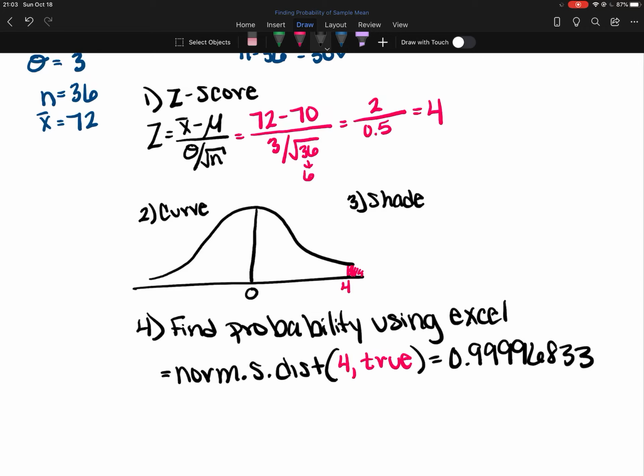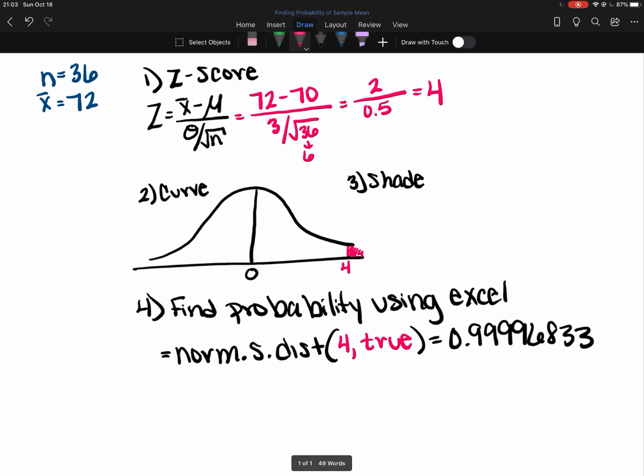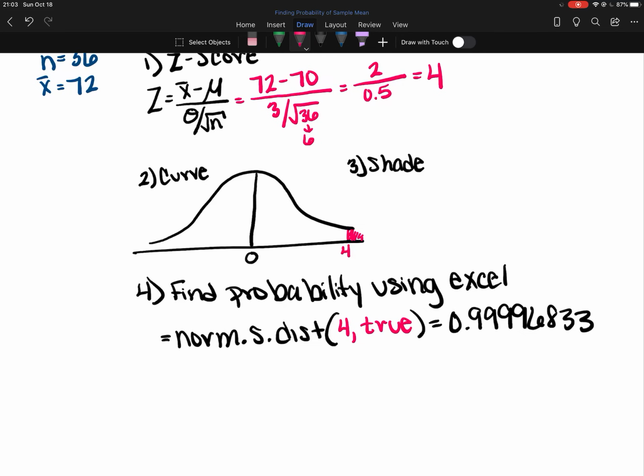But remember, one of the things about this function in Excel is that Excel assumes you want the area to the left, not the area to the right, which is what we want. So to find the area to the right, we need to take 1 minus what we got from Excel.